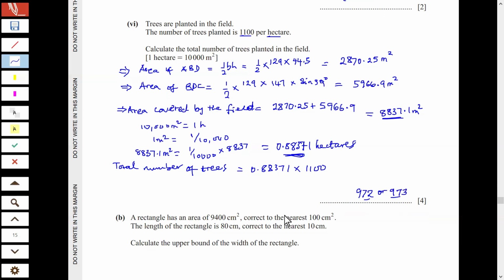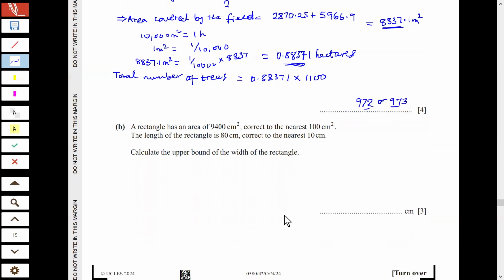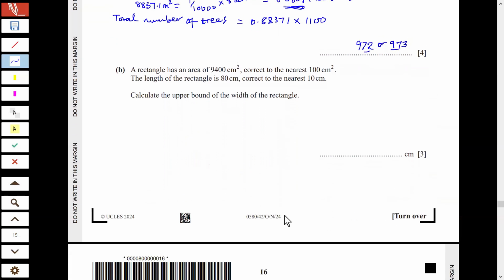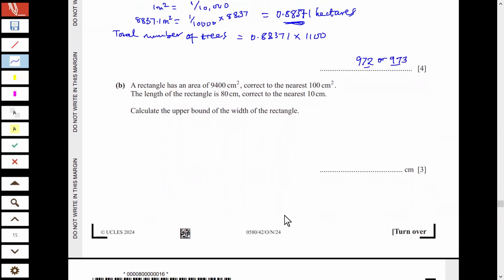So next question here, a rectangle has an area of 9,400 centimeters square, correct to 100 centimeters square. The length of the rectangle is 80 centimeters, correct to the nearest 10 centimeters. Now, calculate the upper bound of the width of the rectangle.